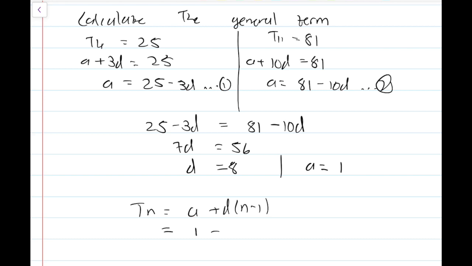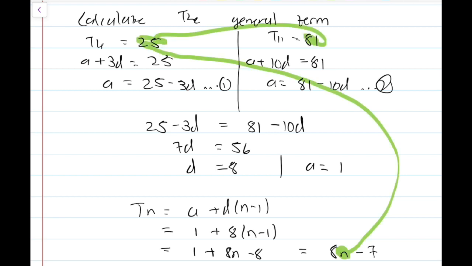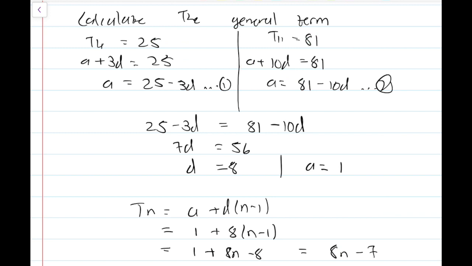The A value is 1, the difference is 8, and that's n minus 1. So that's 1 plus 8n minus 8. Eventually you end up with 8n minus 7. That's our Tn formula. Now you can double check it by substituting 4 to see if you get 25, and substituting 11 to see if you get 81. So 8 times 4 minus 7 is 25, wonderful. 8 times 11 minus 7 is 81, perfect. We are on track and done.